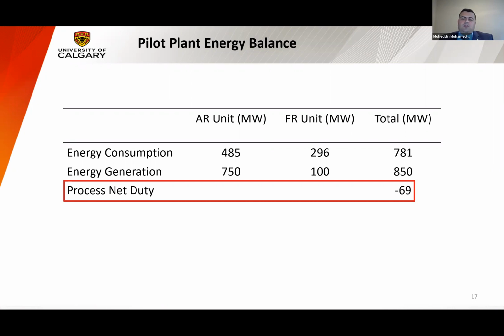Due to the endothermic nature of the reaction taking place in our fuel reactor, more energy was consumed, as can be seen here with 296 megawatts consumed, and the power generation was 100 megawatts, which in total we produced about 69 megawatts for this process.